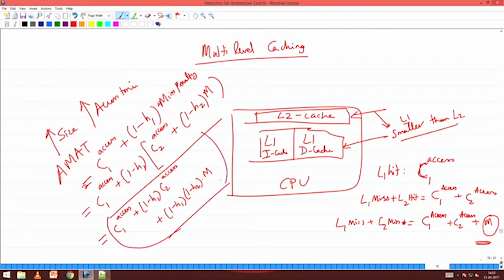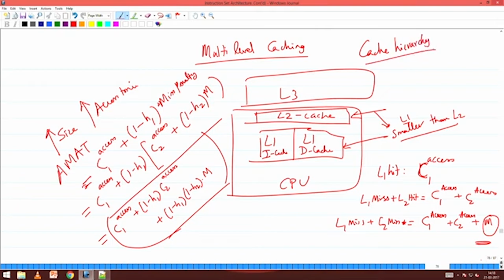Like this I can keep increasing. I could have an L3 cache which is much fatter than this and so on. So I could have a cache hierarchy. Multi-level cache essentially implies a cache hierarchy. And you can use this, what sort of equation is this?